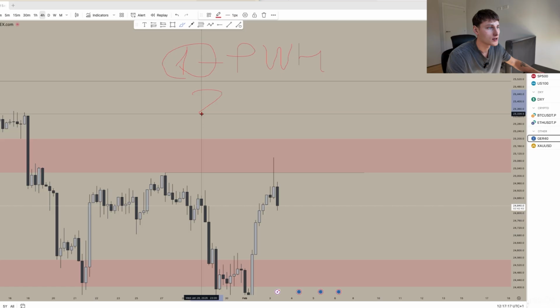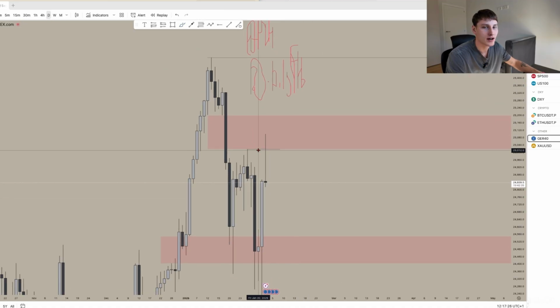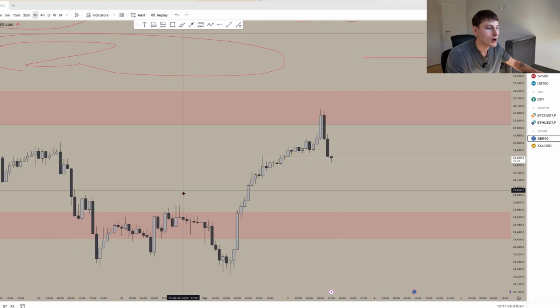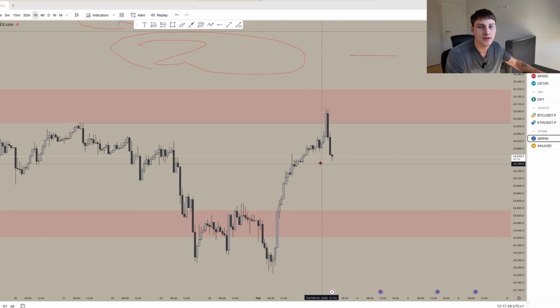Number 2, this is a daily FVG. So what I mean is the price is at the same time getting this fractal inside the weekly and inside the daily fair value gap. That means that this is the most important point of the day where we can get the reaction. Otherwise, if we are not getting the reaction, we can go long.